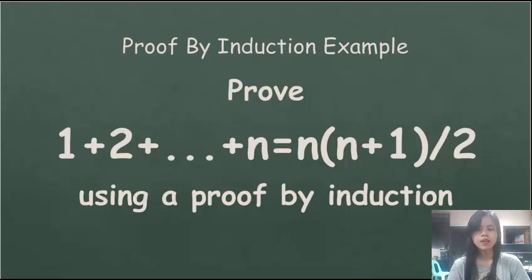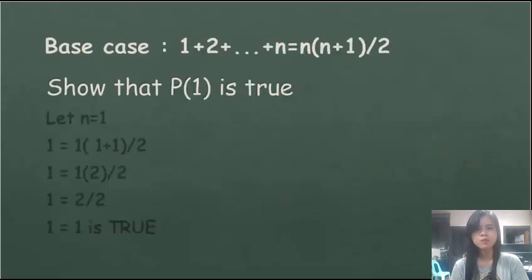So let us prove by induction that 1 plus 2 plus up to the nth number is equal to n times the quantity of n plus 1, divided by 2. For the base case, let us show that P of 1 is true. So let n be equal to 1.